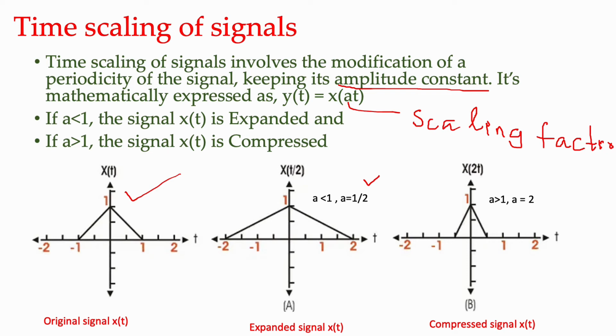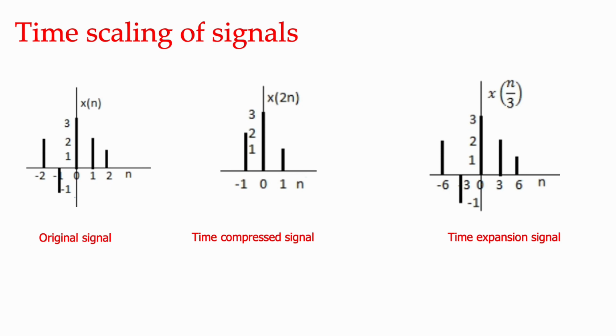So from this we observed that, depending upon the a value, the signals are compressed and expanded. This is the discrete time example for time scaling. X of n, here n is 2, that is a is 2.